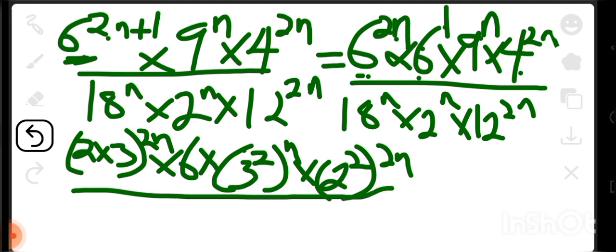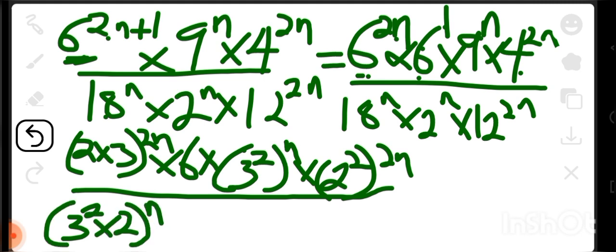Then over 18. 18 is 3 times 6, or 9 times 2, which is 3 squared times 2, raised to the power n, times 2 raised to the power n.